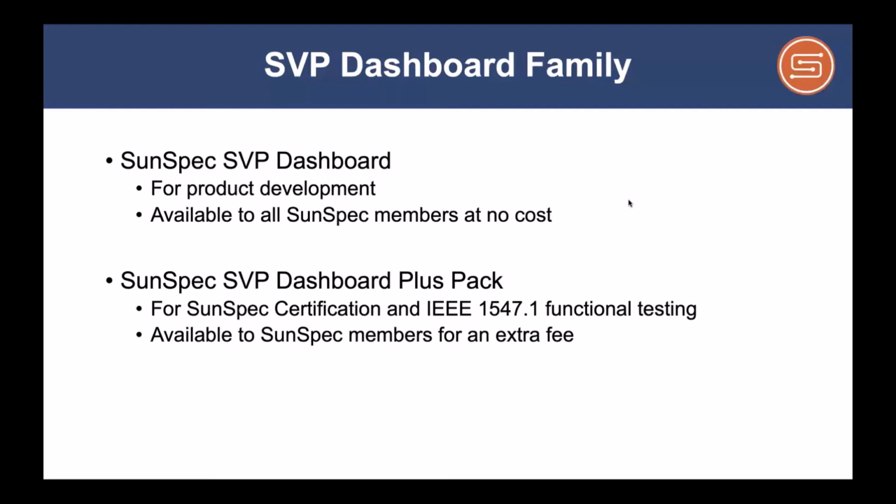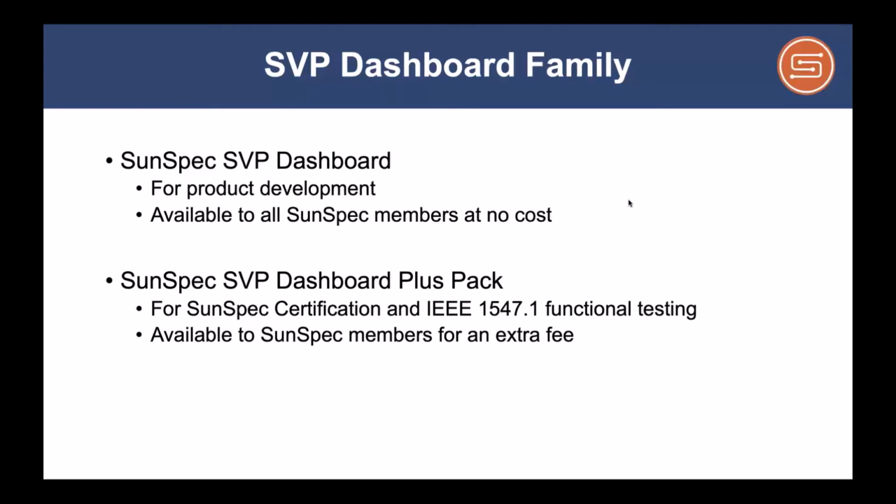It's sometimes used by field personnel for doing diagnostics as well. It's available to all SunSpec members at no additional cost. So when you become a SunSpec member at $3,000 per year, this is one of the benefits you get, this type of software.